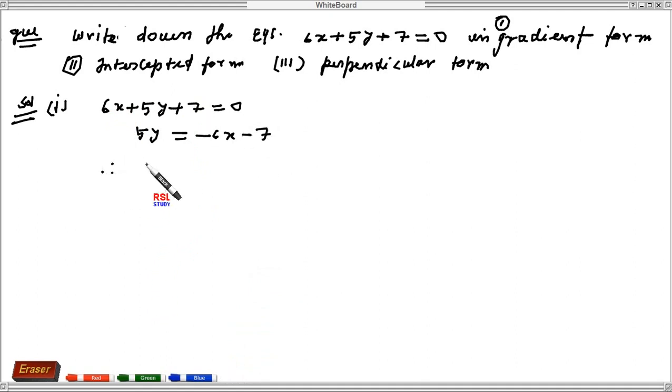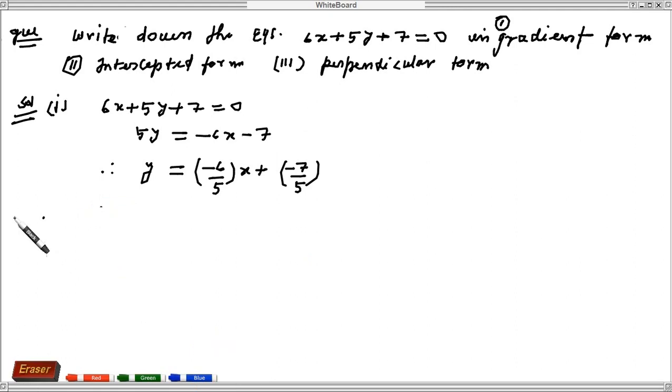Now dividing by 5 on both sides, this will be minus 6 by 5 x minus 7 by 5. That's all. So this is the y equal to mx plus c form.